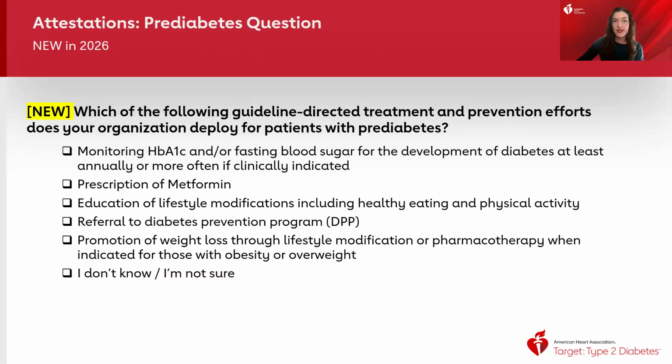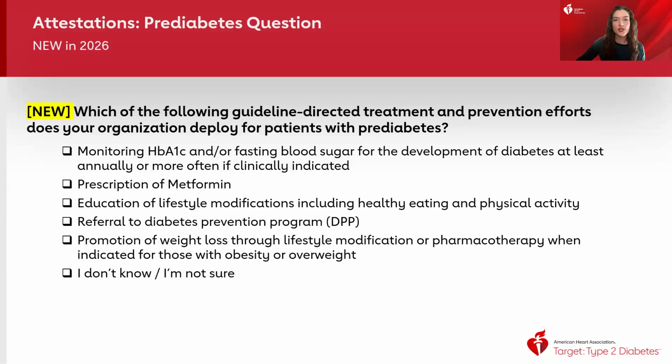Moving on to the clinical practice questions, this is really where we had the greatest change from 2025. Many of our questions have overlap to the ones asked over the last several years, but we have refined the structure of how they are asked to better point to quality improvement opportunities and align across programs with the structure of Target BP.